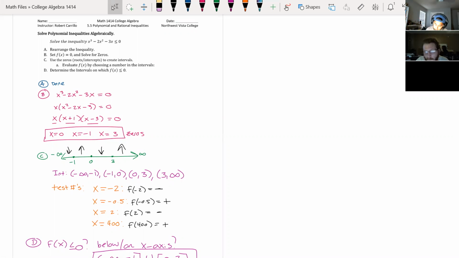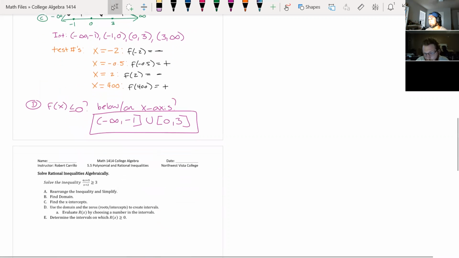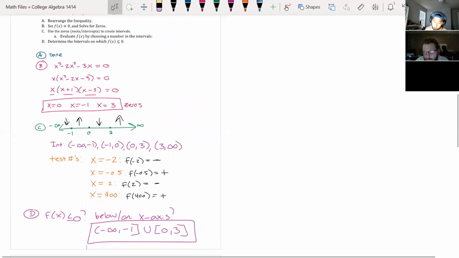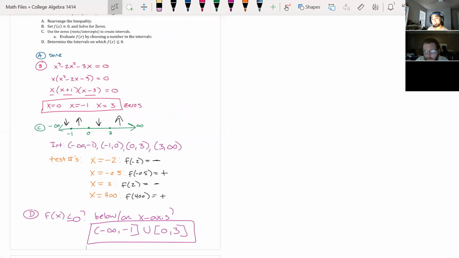But for the next example, I'm going to show you how to graph a rational function, not having to graph anything at all, just doing it algebraically. But if it told you to graph it, then yes, you would go through all those steps that we did in 5.4. Gotcha. Okay. Anybody have any questions on that last one?